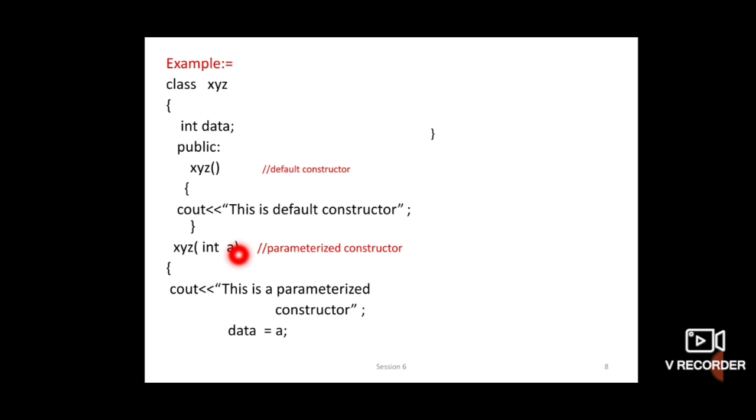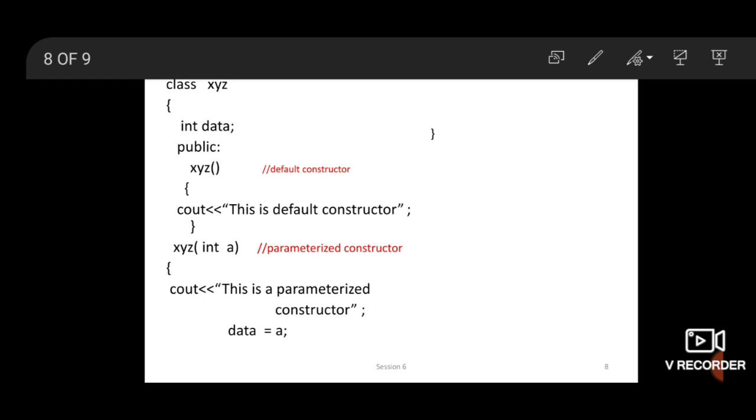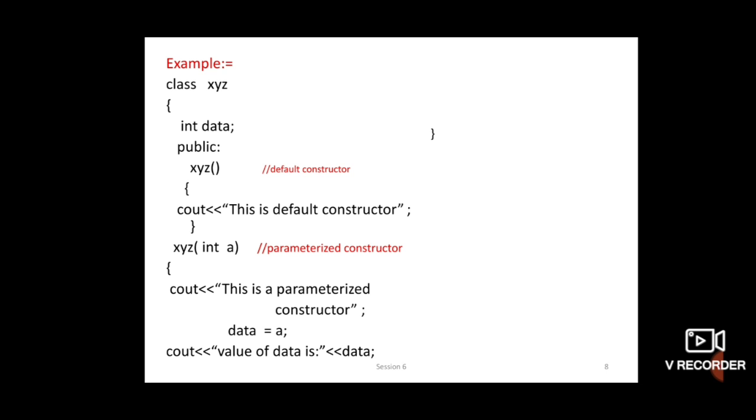It means at the time of object initialization, whatever actual value is passed in that object, this value is automatically initialized in the data variable. Now output the value of data, because the A value is stored in data.